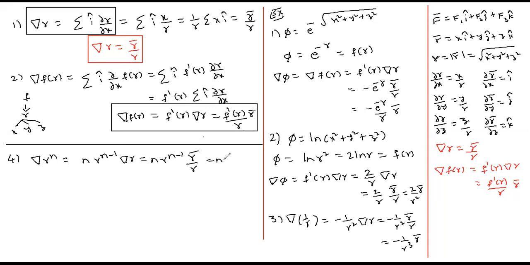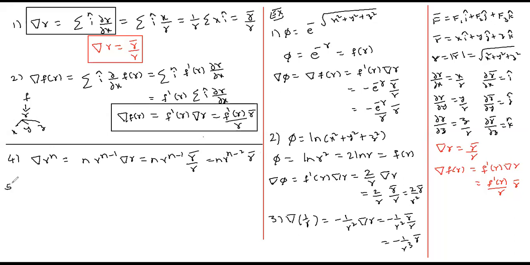So this is n into r power n minus 2 into r bar. Do you agree? Yes. So like this we can find out several gradients easily if you identify some input functions in terms of r. Now these are all problems on gradient.